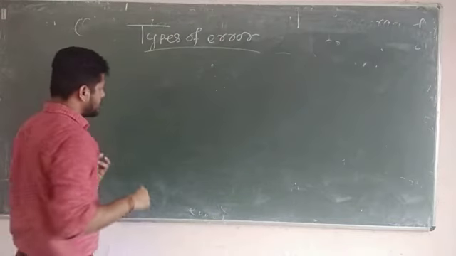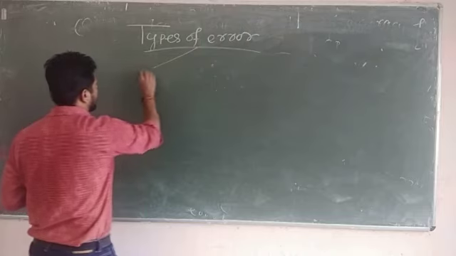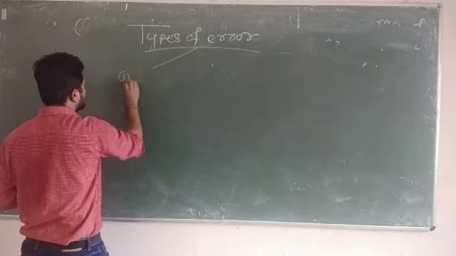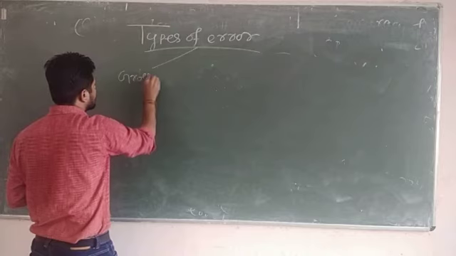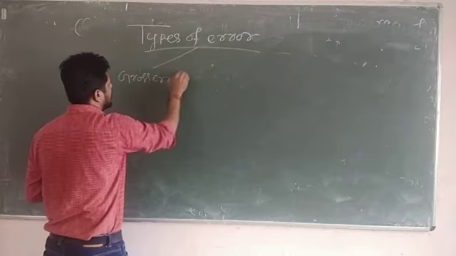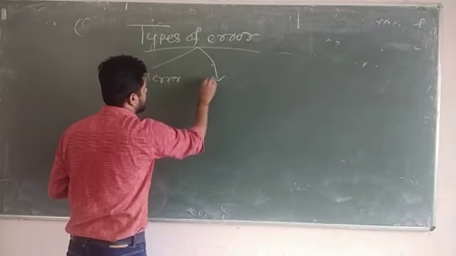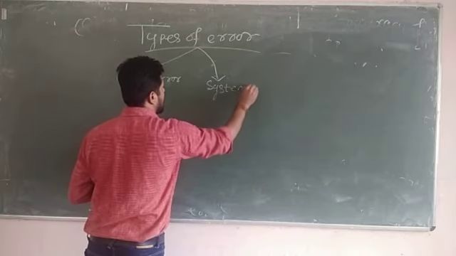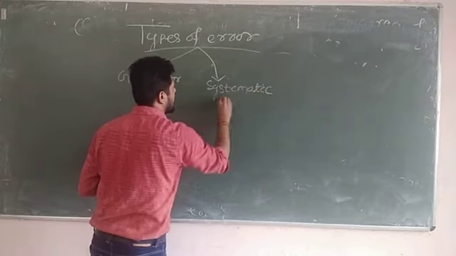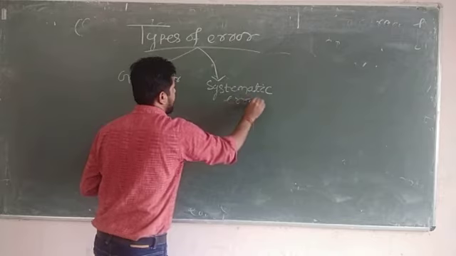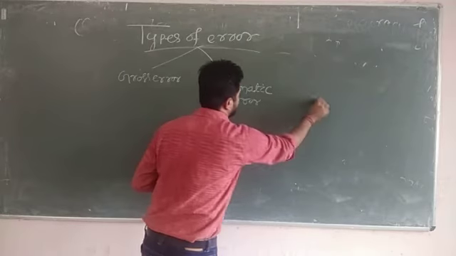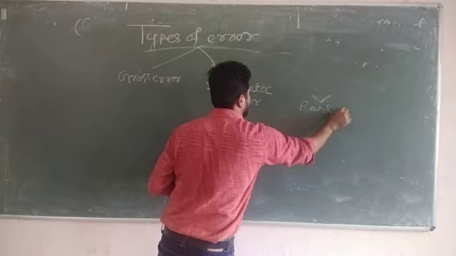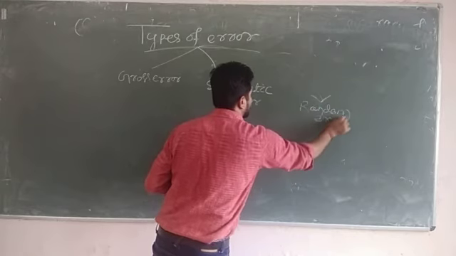The types of error are of 3 types. The first one is gross error, the second one is systematic error, and the third one is random error.